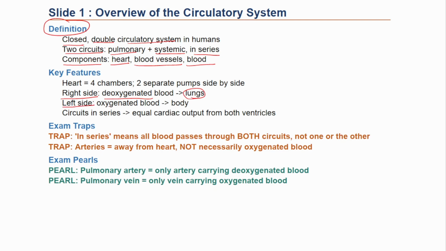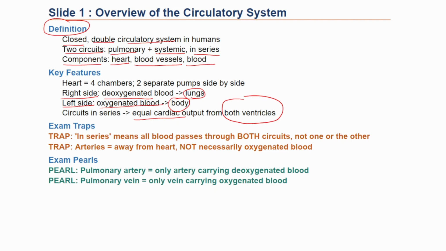The left side of the heart consists of chambers that receive freshly oxygenated blood coming from the lungs and pump it with high pressure out to the rest of the body. Because the pulmonary and systemic loops are positioned in series, the volume of blood ejected per unit time, that means the cardiac output, must be absolutely equal from both right and left ventricles to prevent fluid from backing up.